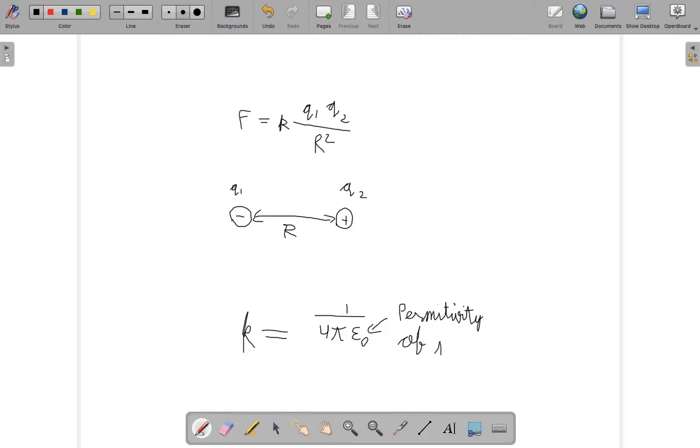Just write that down quickly. Might have spelled it wrong, but okay. So Coulomb's constant k and the permittivity of free space are given in your data booklet, so you can refer to them easily.